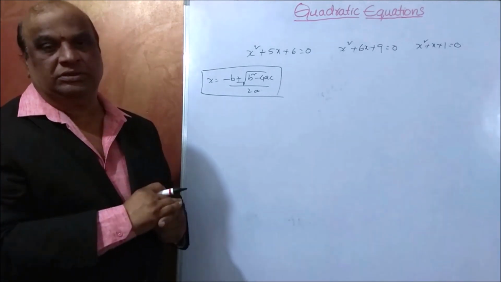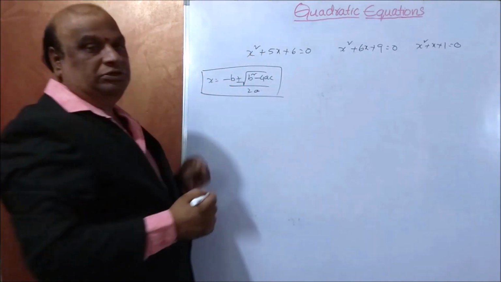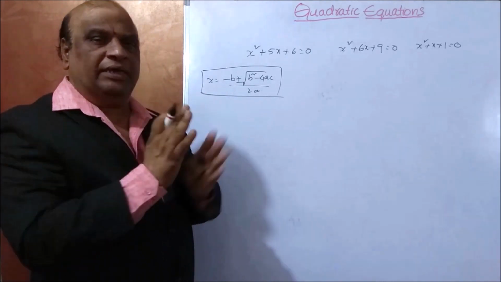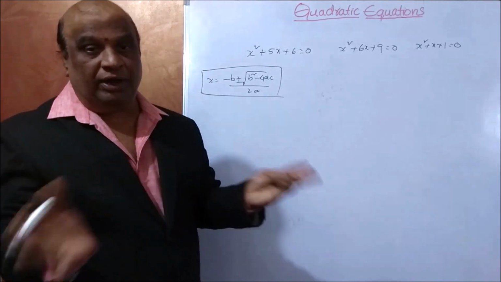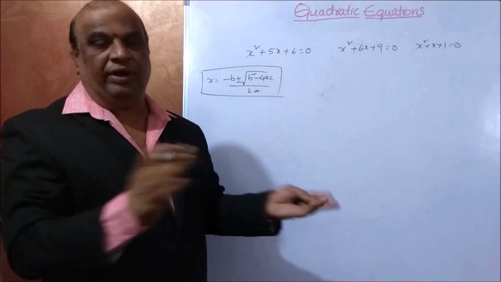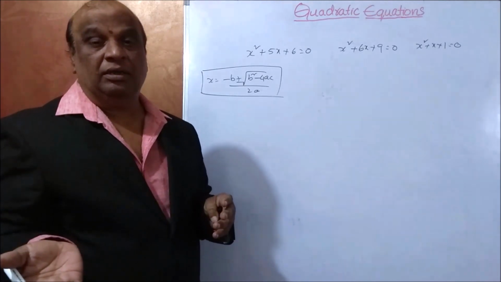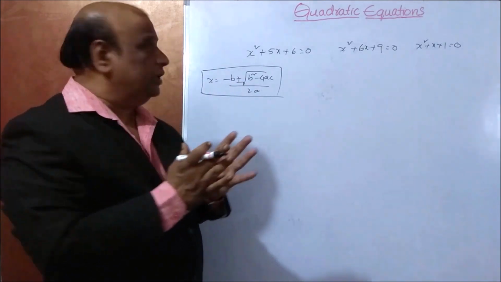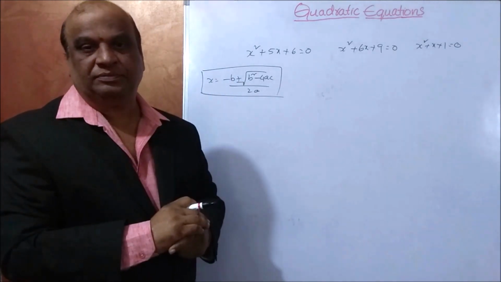Now one more thing. Here x square plus 5x plus 6 is equal to 0 is one more equation. In some cases, different roots are there, like minus 2, minus 3 or minus 5, minus 6. Some equations have two roots but they are different.